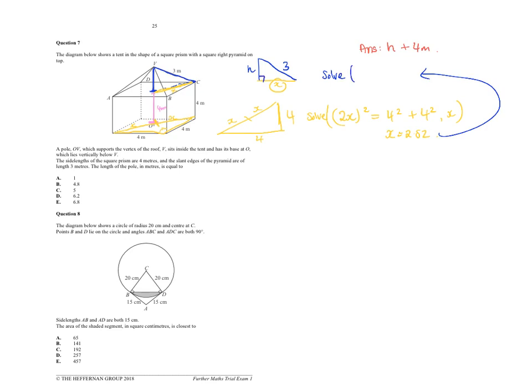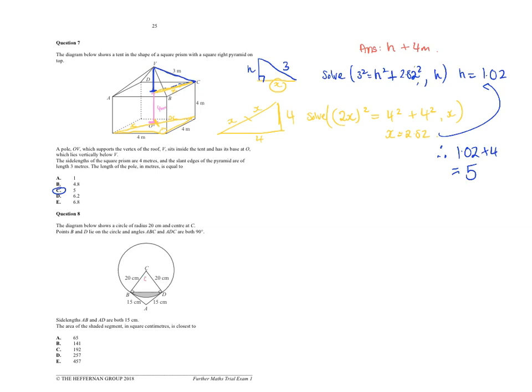And I can go 3 squared equals h squared plus, I don't know what x is, 2.82 squared, comma h, and we end up with h equaling 1.02. So therefore the height would be 1.02 plus the 4, so approximately 5, which, oh yeah, it is C.